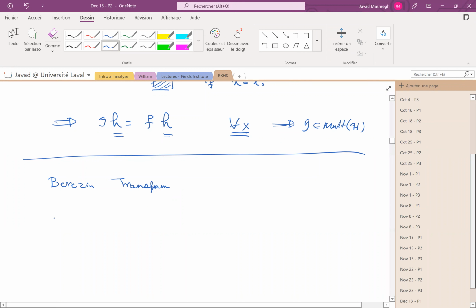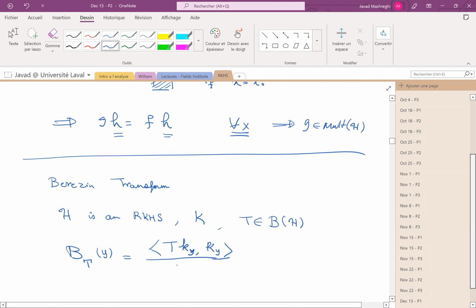So here is a definition. Suppose H is an RKHS with kernel K, and T is a bounded operator on H, in B(H). The Berezin transform of T at point y is defined to be the inner product of T K_y with K_y, normalized.